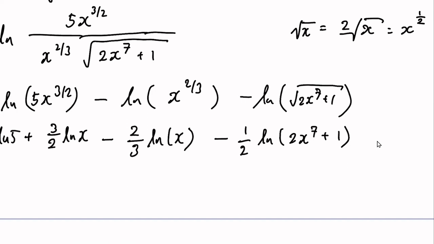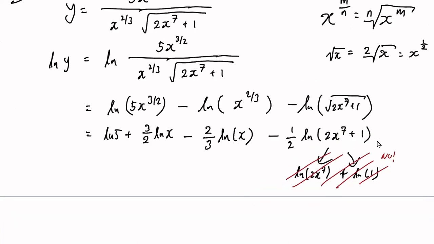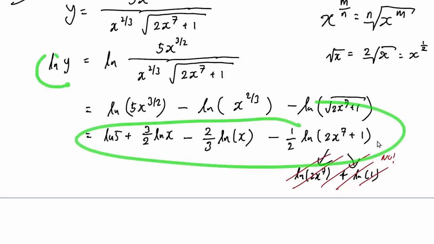No. Can you split this further up into a sum? Can you distribute the ln? No, cannot. You can only take a product inside and split it into a sum, not a sum into a sum. Sum into sum is not allowed. This is banned. Okay.